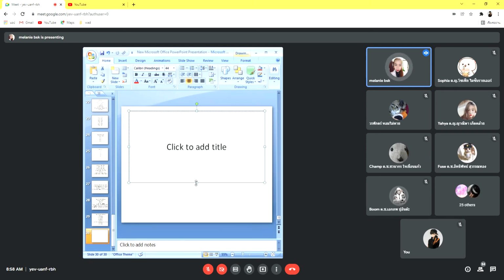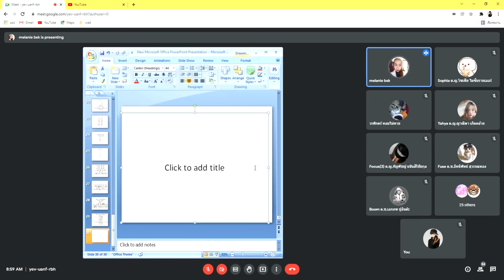Okay, so we're going to do page 175. It says in here for page 175, children, for the activity 4, draw a rectangle and a square by connecting the dots. You make a rectangle and you make a square by connecting the dots. Do you understand? Use your ruler. Can you follow?